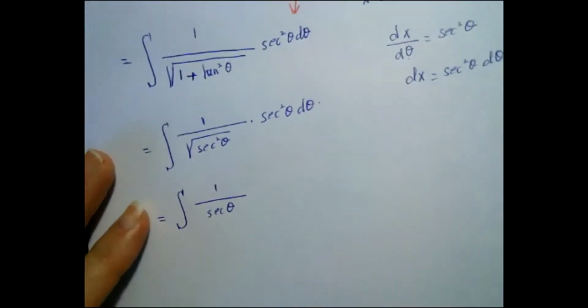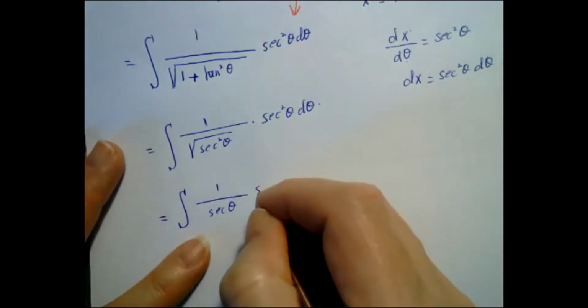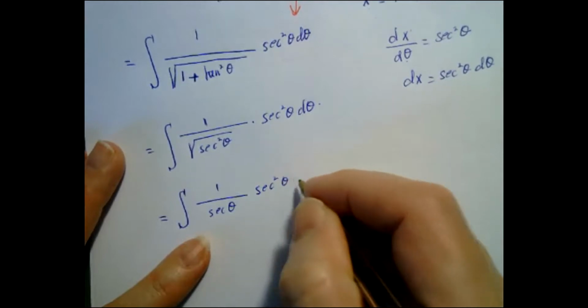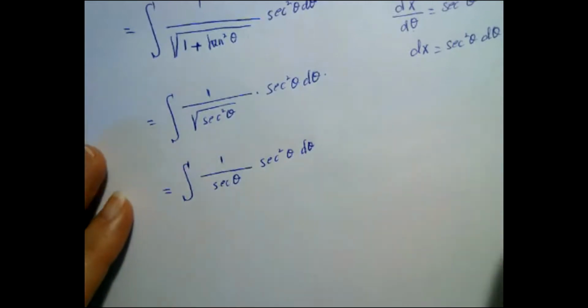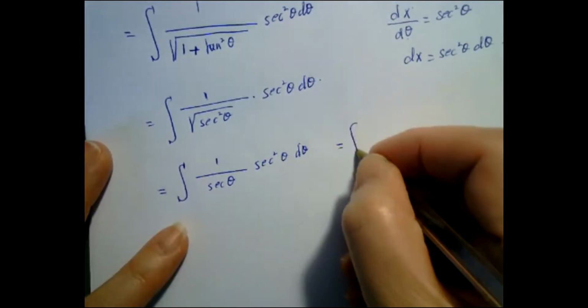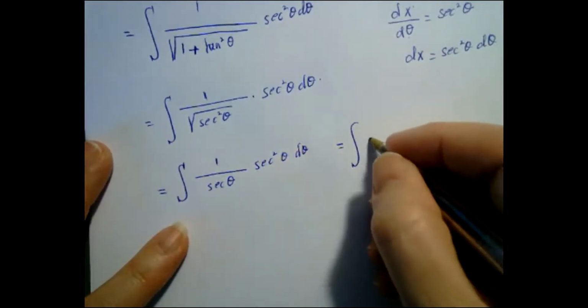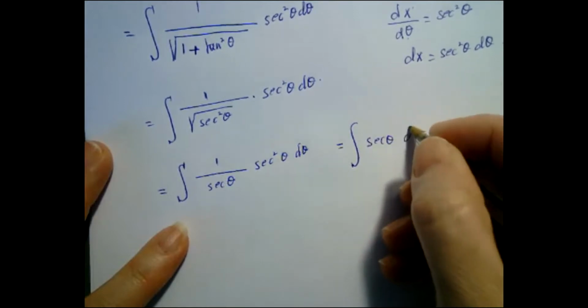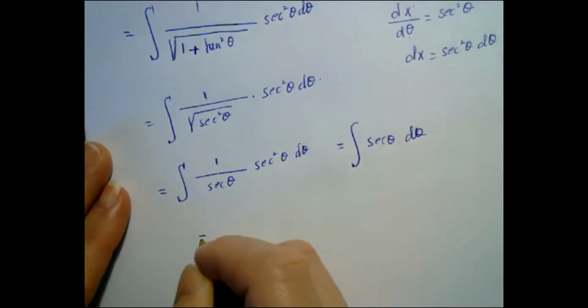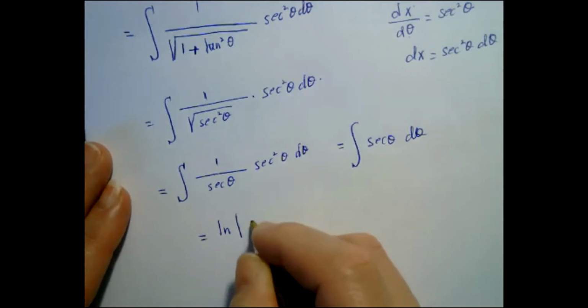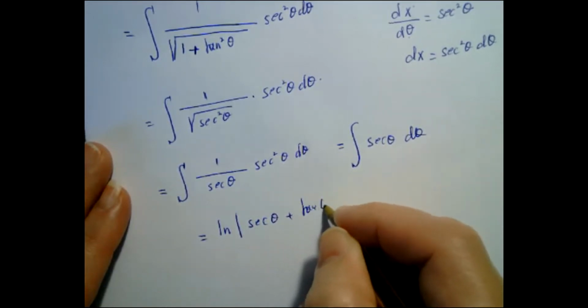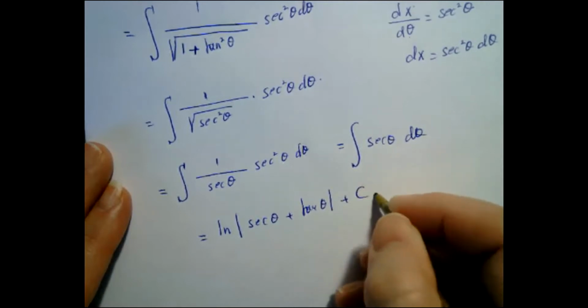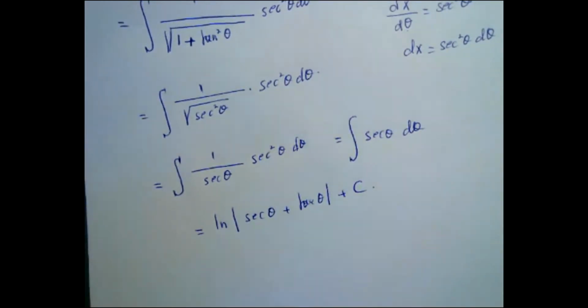The rest becomes a trigonometric integral in secant only, which is equal to the integral of secant theta d theta. I established this earlier because we're going to use it a lot in this section. Very good.